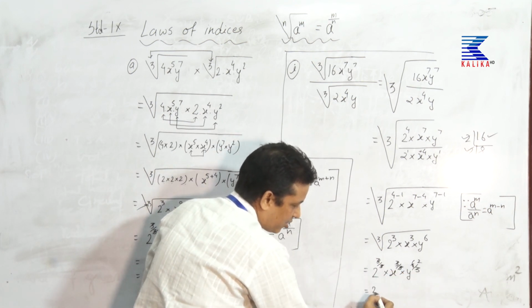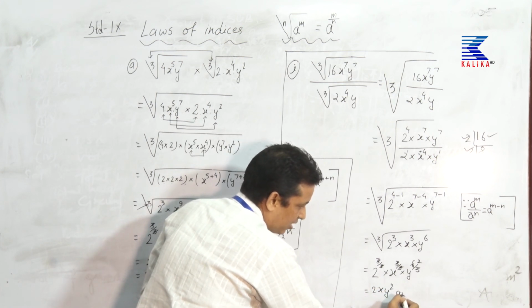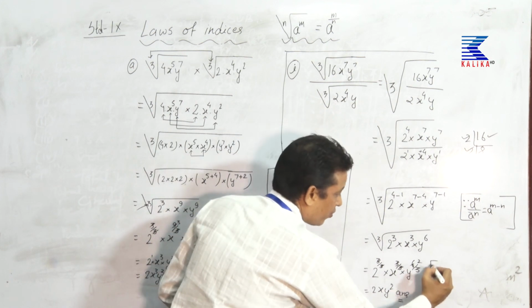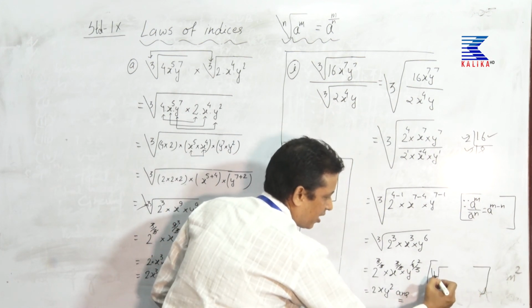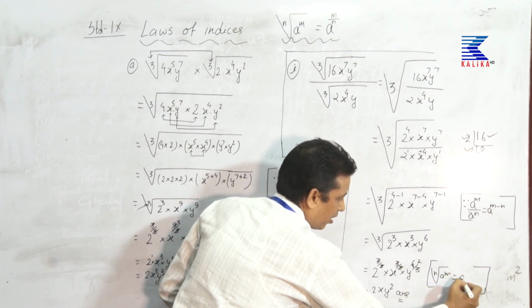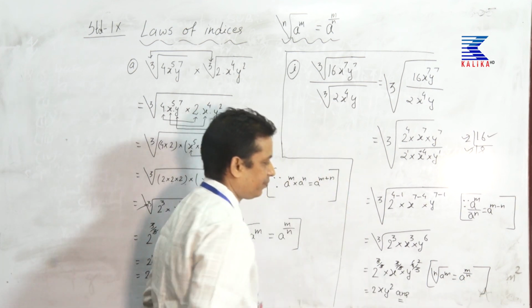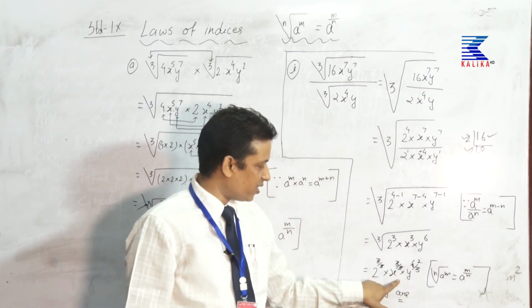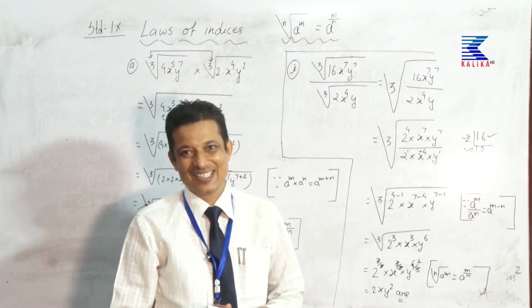So what is left, dear student? 2x y square is the answer. And which property is used here? We use the property a to the power m over n. From this step to this step, to remove the sword, we use this law of indices.